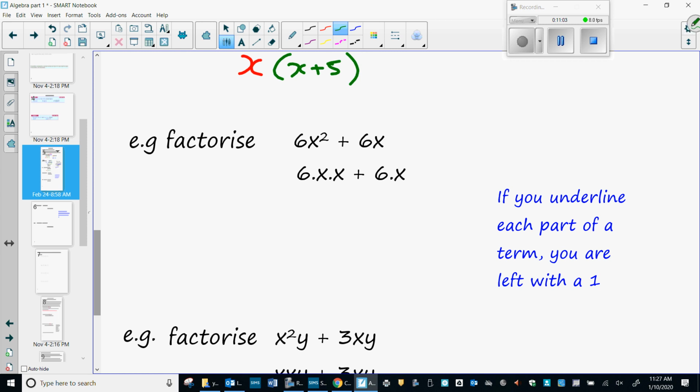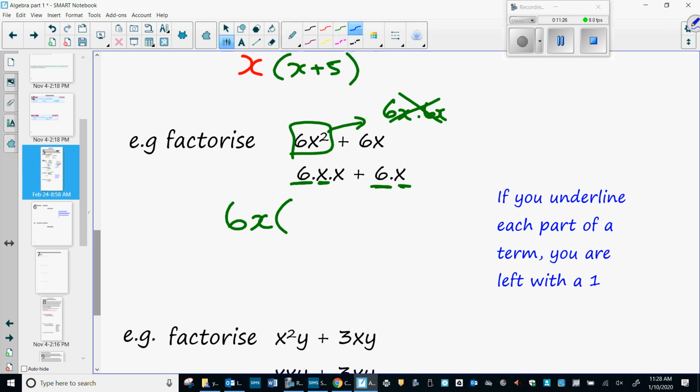I know that means 6x times x. Be careful. Sometimes people think that means 6x times 6x, and that's not the case. It's just 6xx. And then the 6x, so I can see I've got a 6 that I can underline, and an x that I can underline, so that's common.